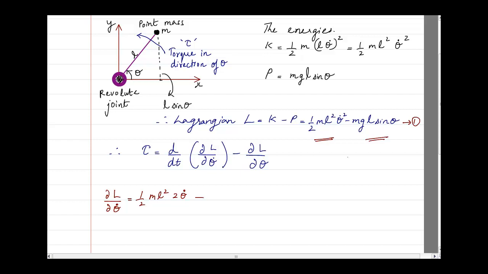The second term has no theta dot term, so I will get 0. Now 2 and 2 will cancel, and I will get m L square theta dot. Correct? m L square theta dot.